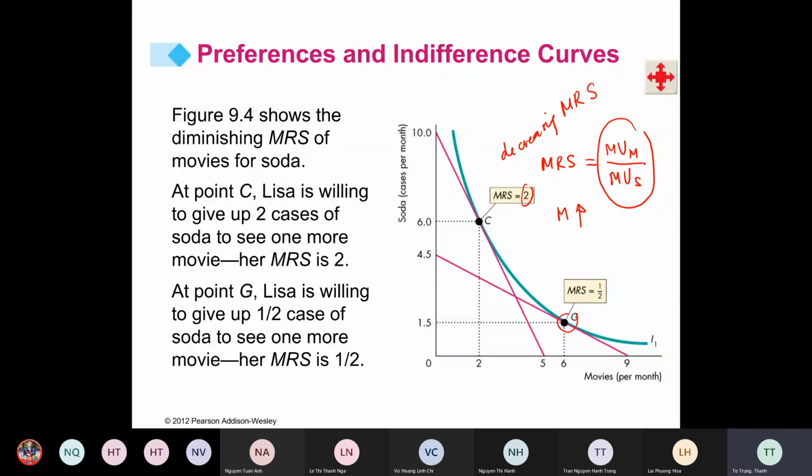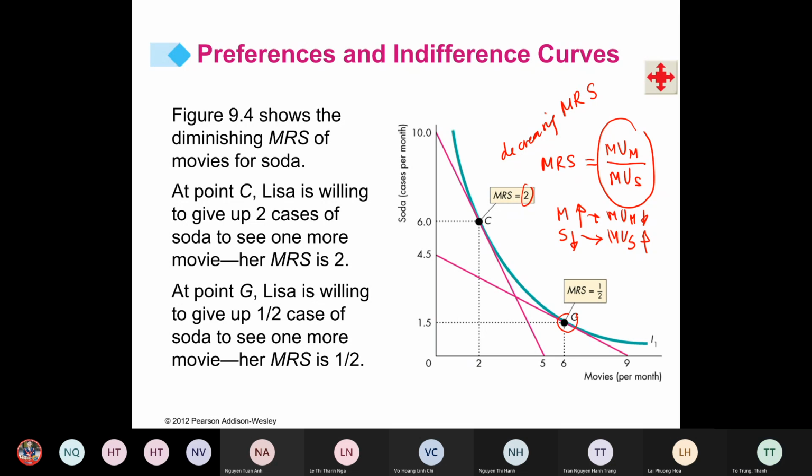And vice versa, the number of sodas decreases, and because of the law of diminishing marginal utility, the marginal utility of soda is increasing, right? So that's why you see the top decreasing and the bottom increasing, so the fraction MRS is decreasing. So from the left to the right, when the number of movies increases, the slope of the indifference curve is downward sloping.